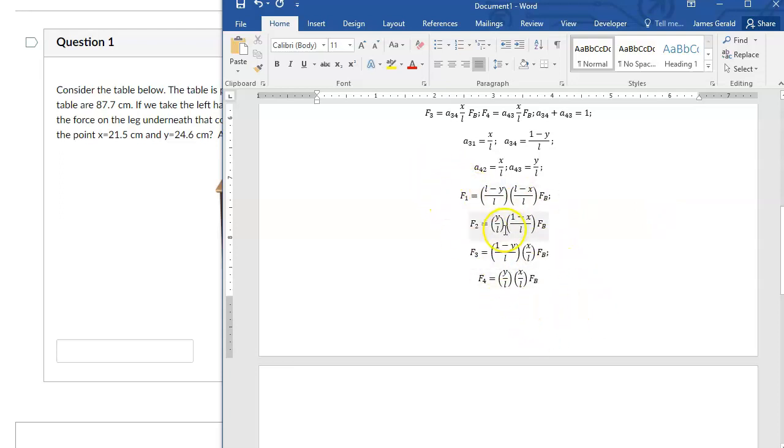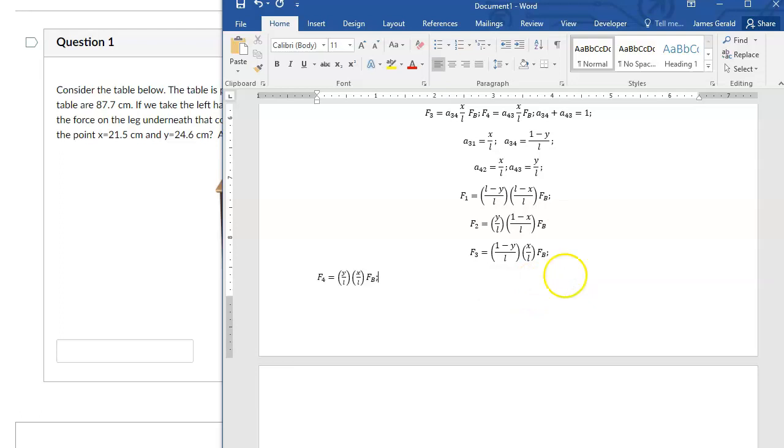All right, F1 is L minus Y over L onto L minus X over L, FB. F2, Y over L onto 1 minus X over L, FB. F3, 1 minus Y over L onto X over L, FB. And then F4, X over L onto Y over L, FB.